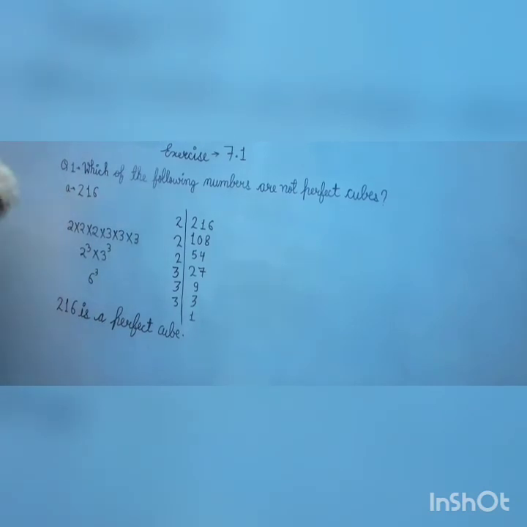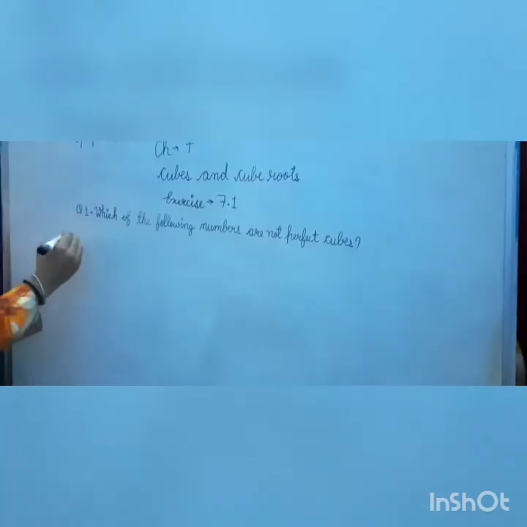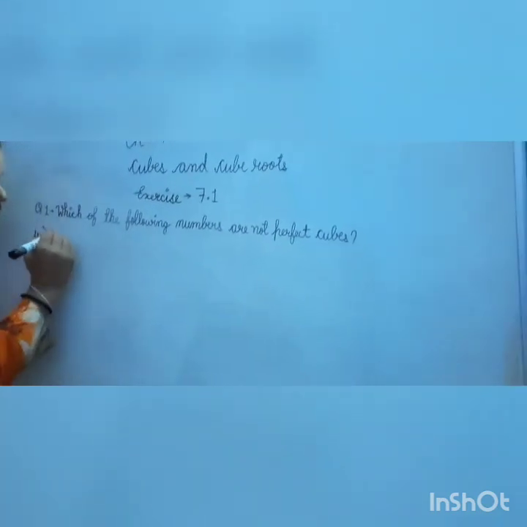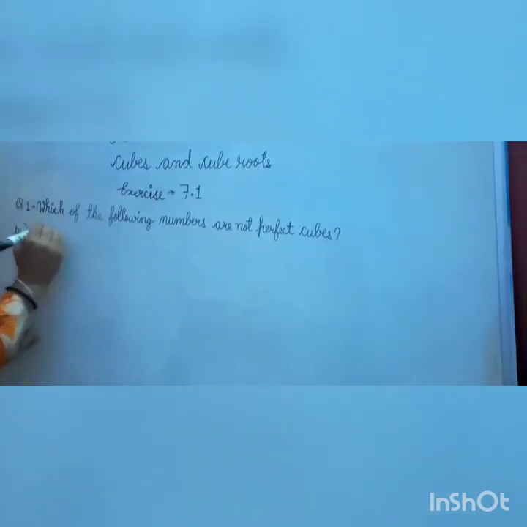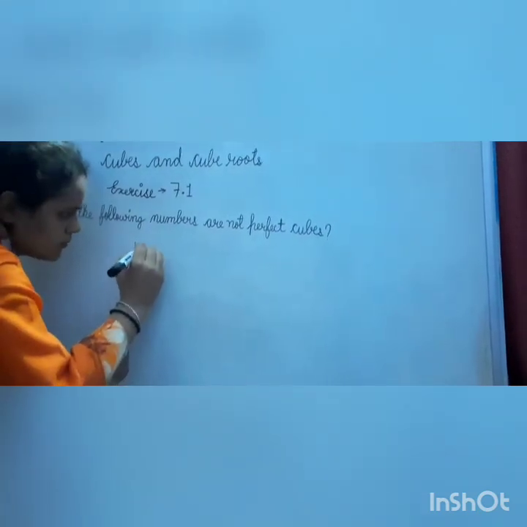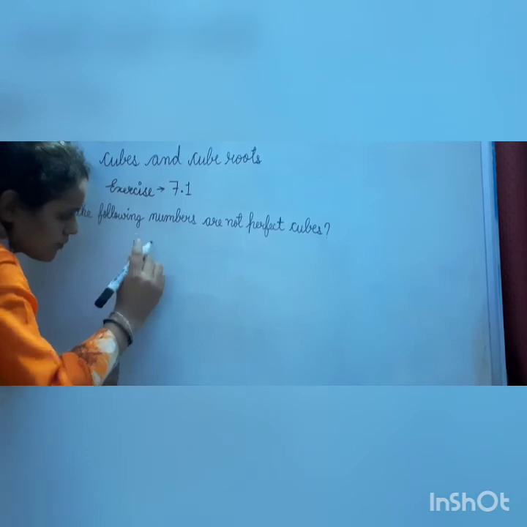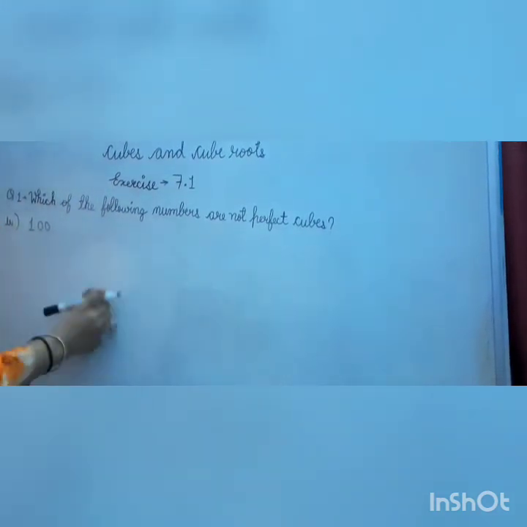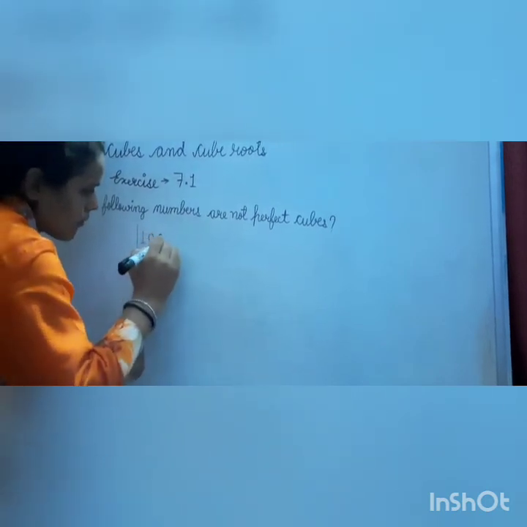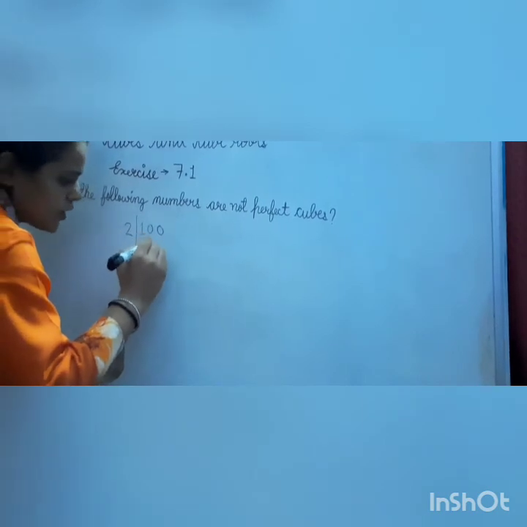Now I will explain the next part. Okay, fourth part. Fourth part is 100. Again, you have to do it by the prime factorization method. Divided by 2 it will come 50.